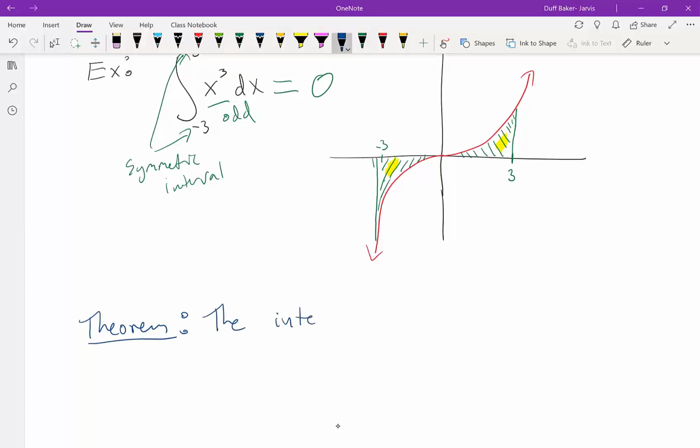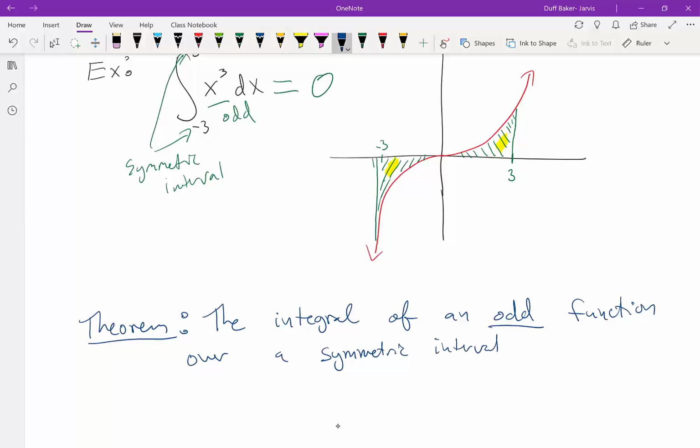The integral of an odd function over a symmetric interval, so I'll even just write it out from -c to c, is always 0.